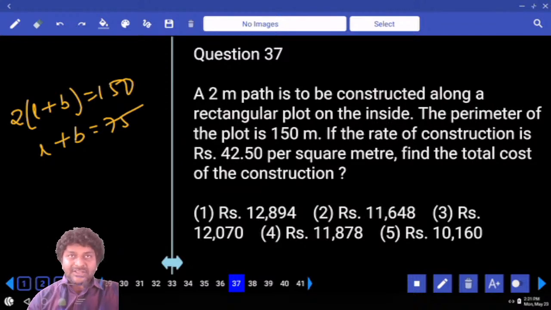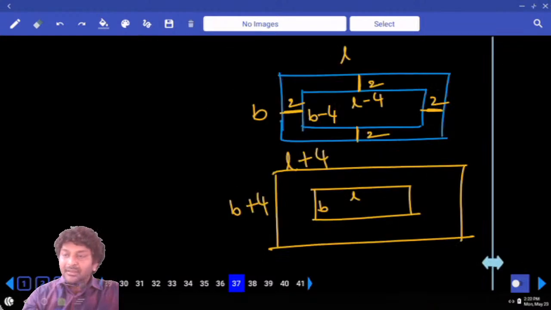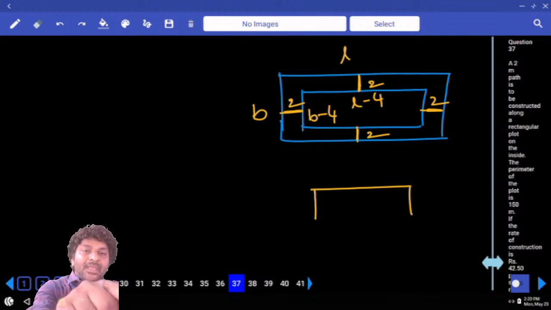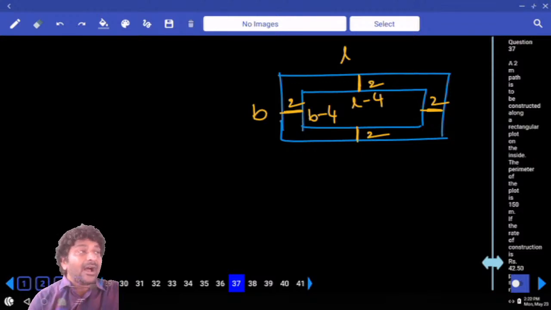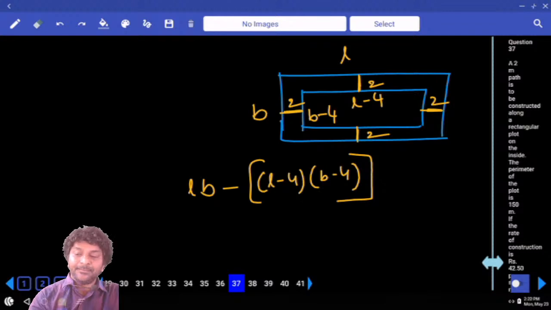But out of this, how much is length and how much is breadth? We cannot decide. So you need to find another way to calculate the area of the path. As you said, it is outer rectangle area L into B minus inner rectangle area, that is L minus 4 into B minus 4.